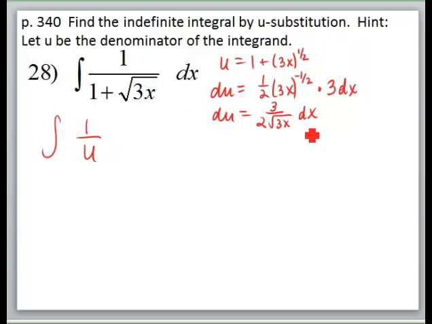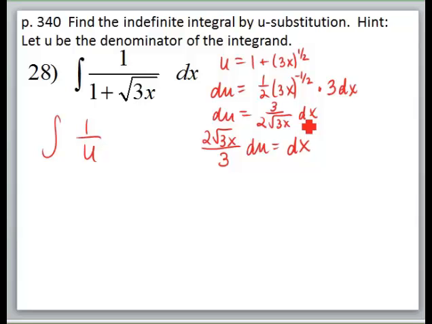So I'm going to have to solve this for dx. So if I want to solve this for dx, I'm going to have to multiply by the reciprocal. So I'm going to move this to the other side. So I get that fraction du equals dx.